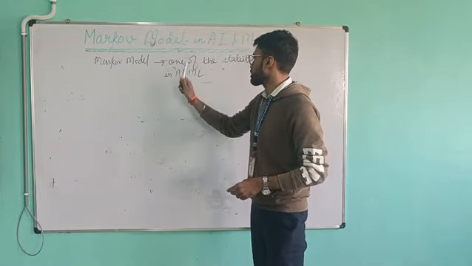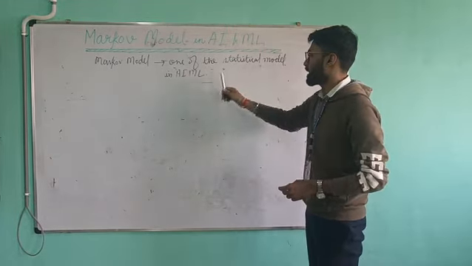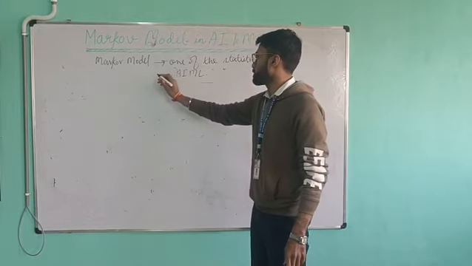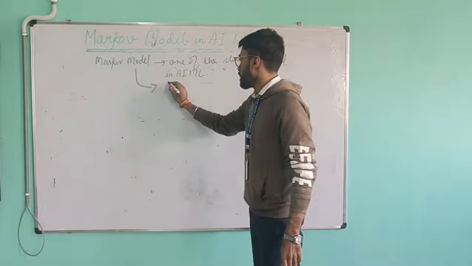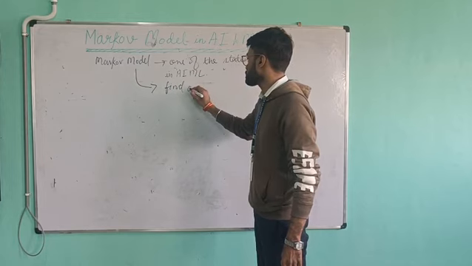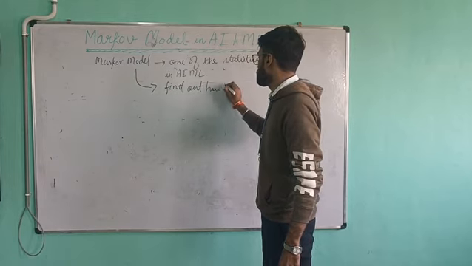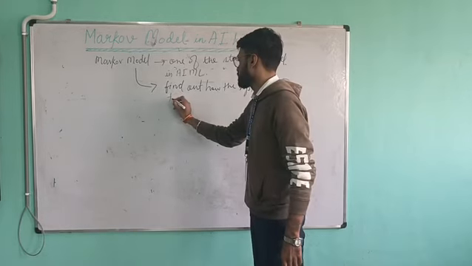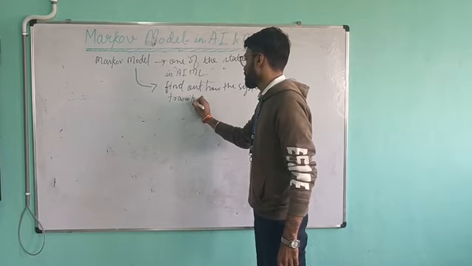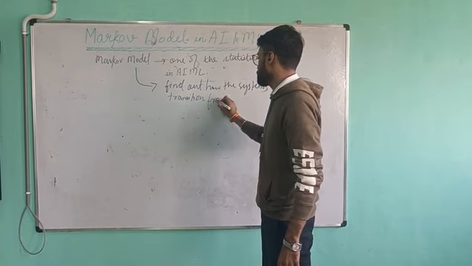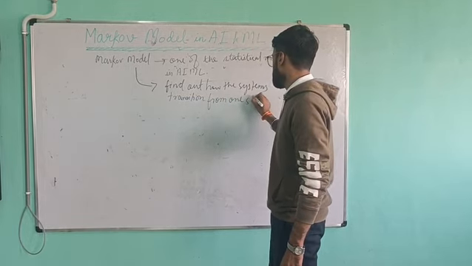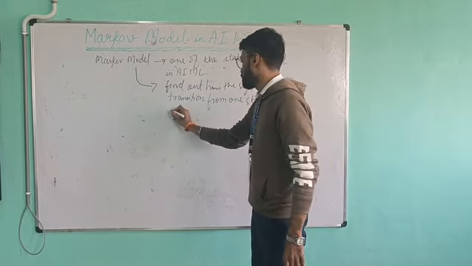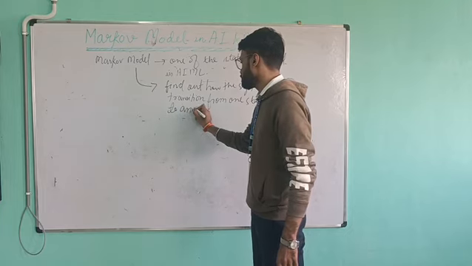The Markov model is one of the statistical models in AI, and the main purpose of the Markov model is to find out how these systems transition from one state to another.